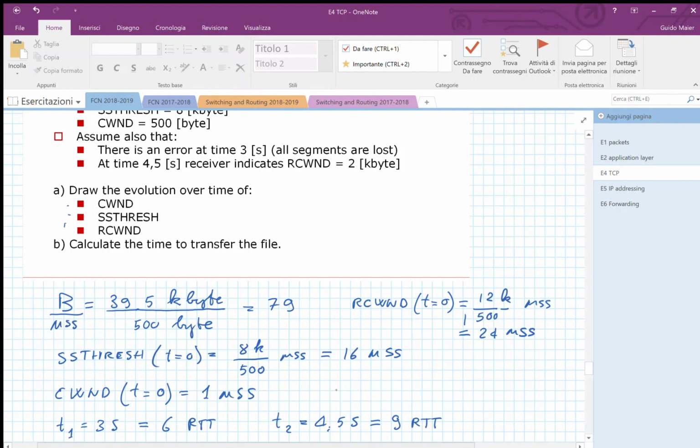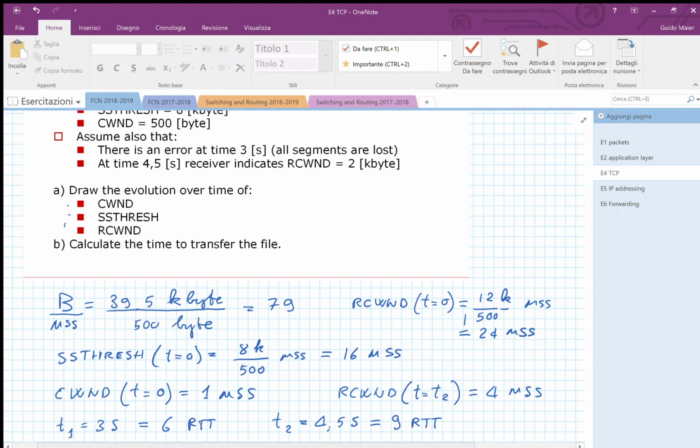And also we can say that the receive window at time t sub 2 is going to be 2 kilobyte, so it will be equal to 2 kilobyte divided by 500, which is 4 maximum segment size. Okay.